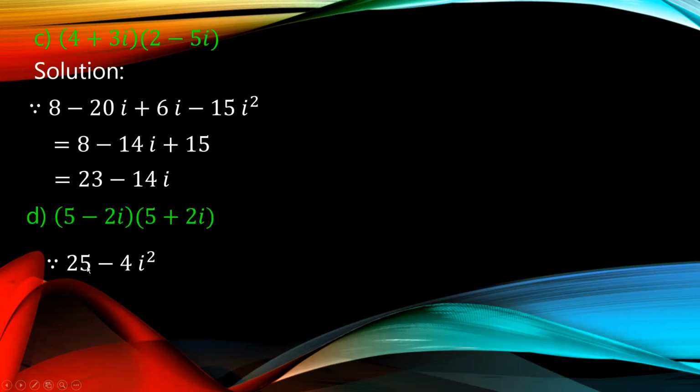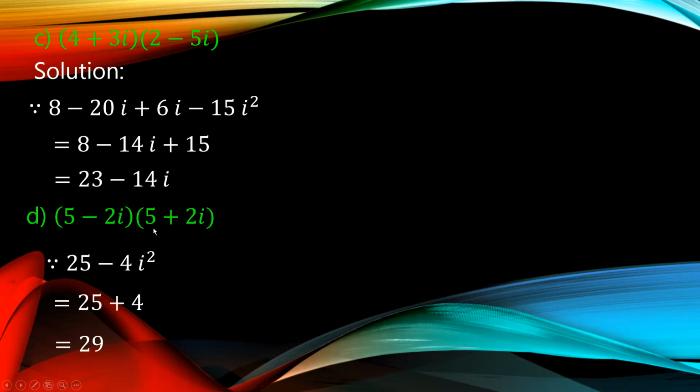Then 5 power 2 equals 25, minus 2i squared equals 4i power 2. Here, negative 4i power 2: i power 2 equals negative 1. Negative 4 times negative 1 equals 4. Then 25 plus 4 equals 29.